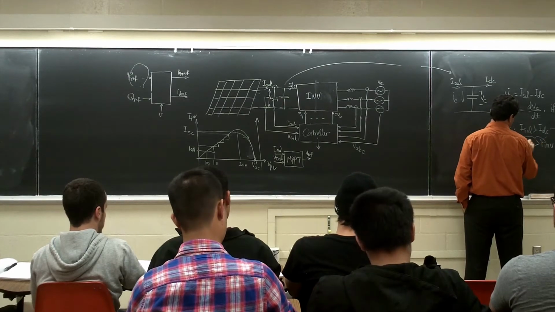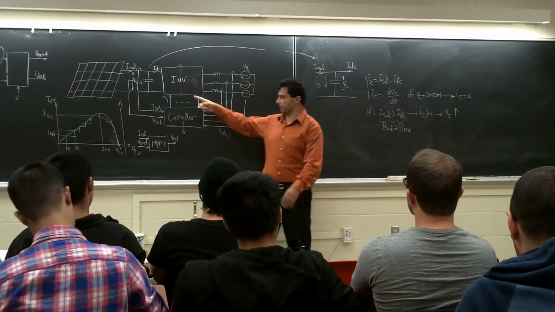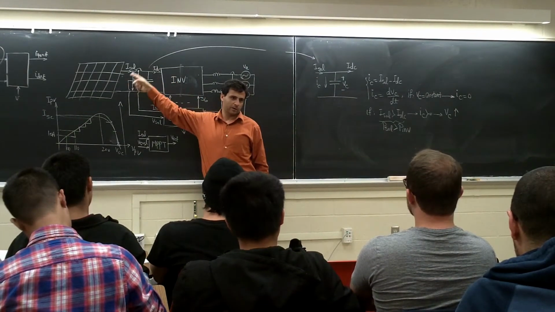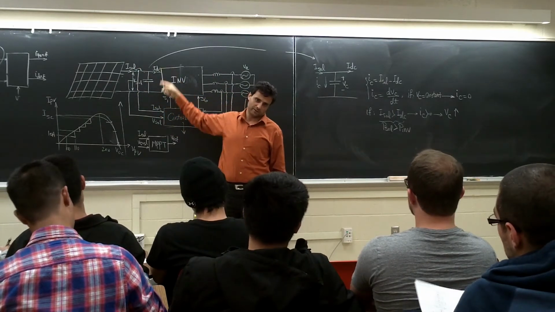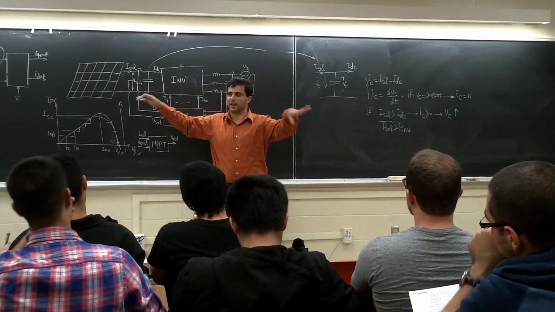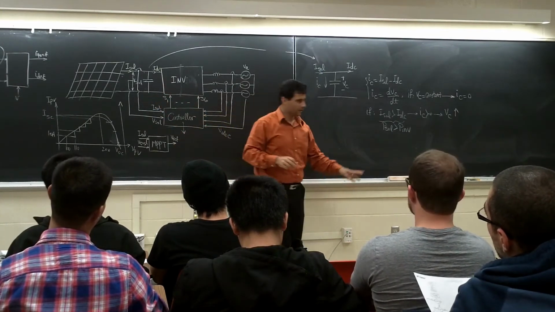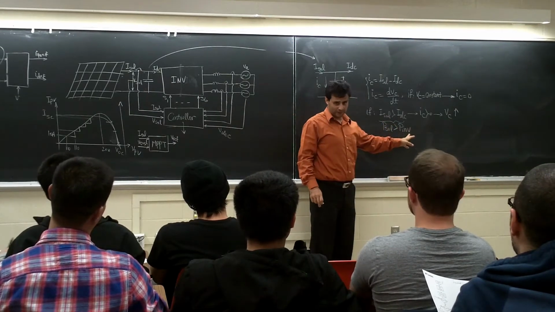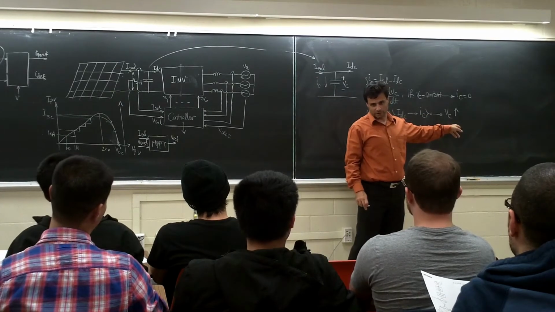P inverter should be less than P sold. The voltage is the same for both of them. How much is the power by solar? Current times voltage. How much is the power of the inverter? This IDC times voltage. At steady state, they are the same, but in the transient, it is not. So if the solar power is more than P inverter, you are going to increase the bus voltage.